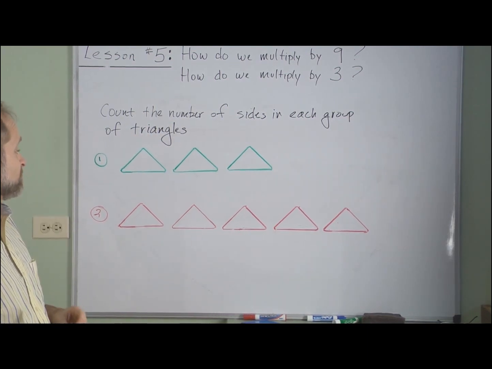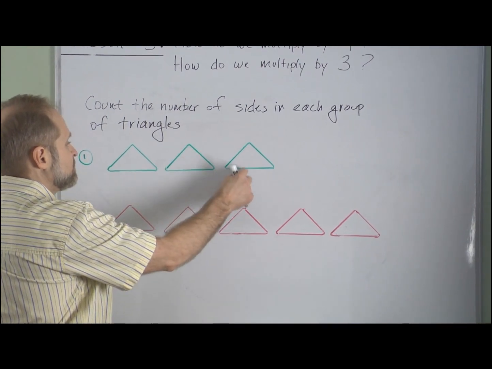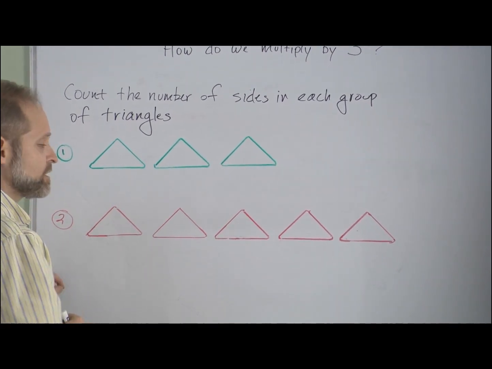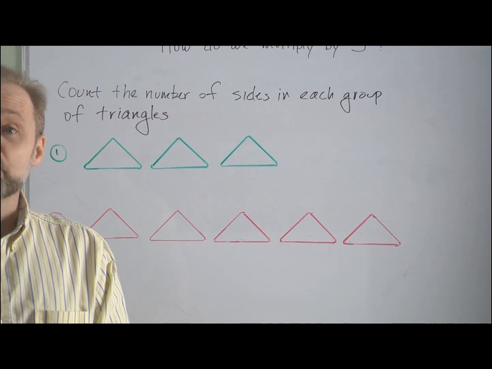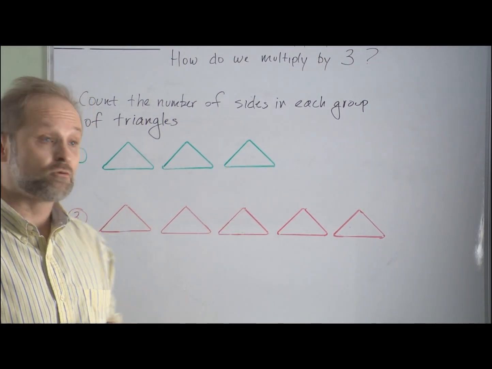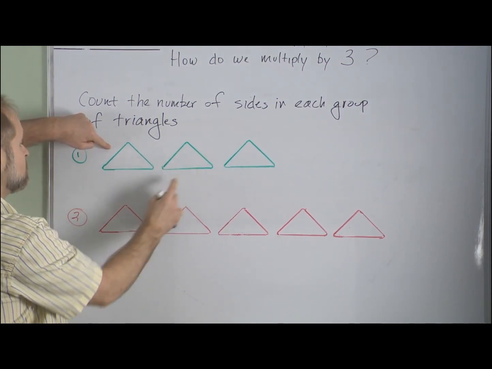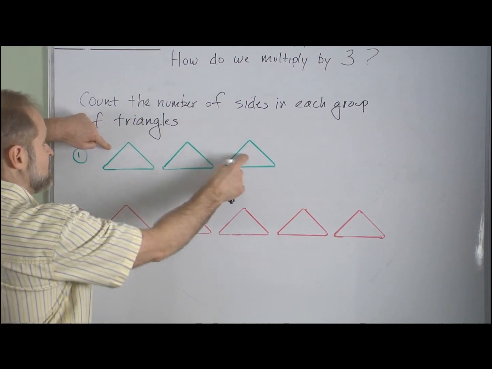Obviously, one way that we can count the sides is to go 1, 2, 3, 4, 5, 6, 7, 8, 9. But using skip counting, what we can do is use what we know about skip counting by 3s. These are all groups of 3. We have 3 sides in each. So we can say 3, 6, 9.